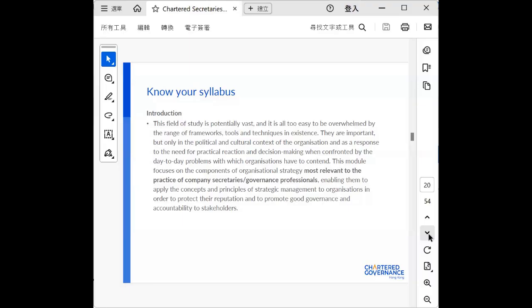So the module focuses on the components of the organization and strategy most relevant to the practice of company secretaries or governance professionals, enabling them to apply the concepts to the organizations in order to protect their reputations and promote good governance and accountability to the stakeholders. So in other words, all it says in here as a summary is that you need to apply these things to practical situations.